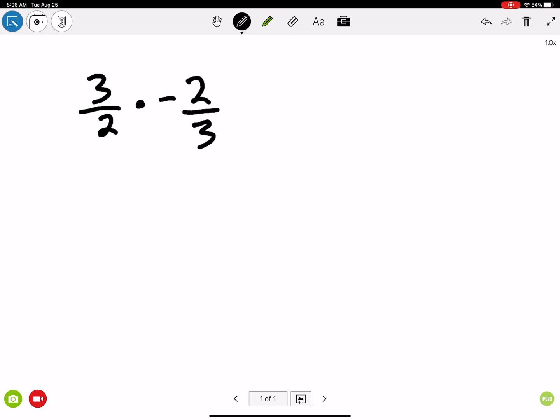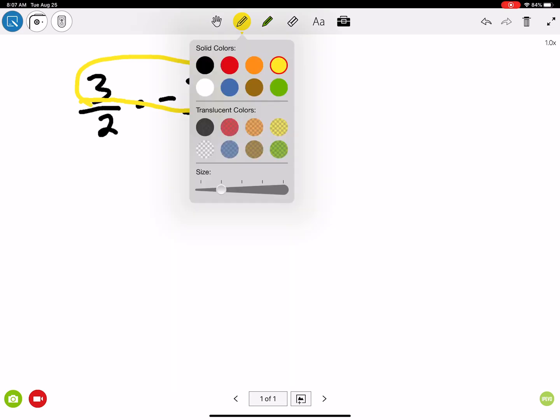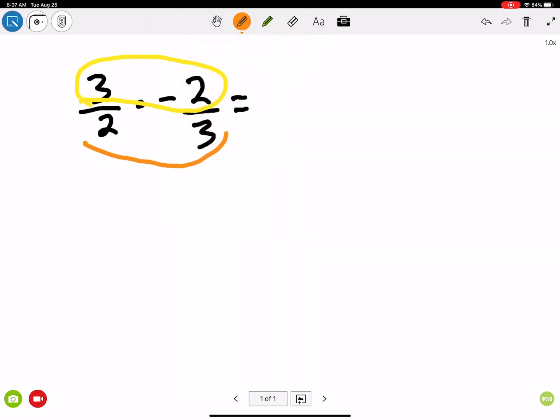Well, we know when we multiply fractions, we don't need a common denominator. You just multiply straight across, right? So that means I'm going to multiply my numerators, and then I'm going to multiply my denominators. 3 times 2 is 6. 2 times 3 is also 6.